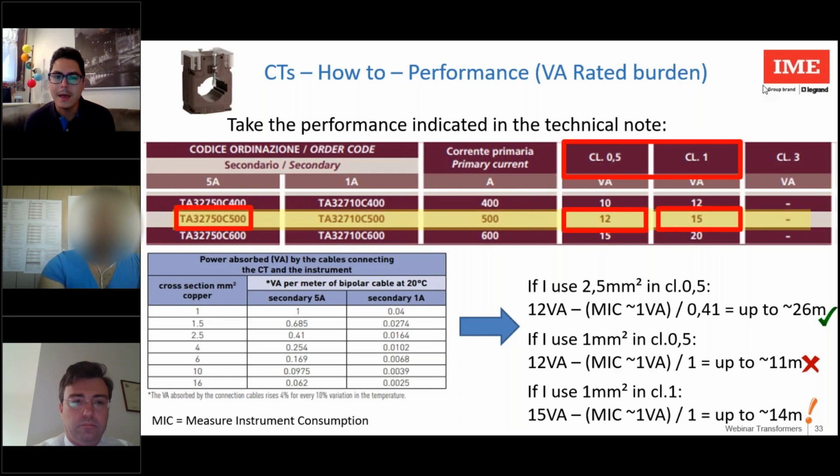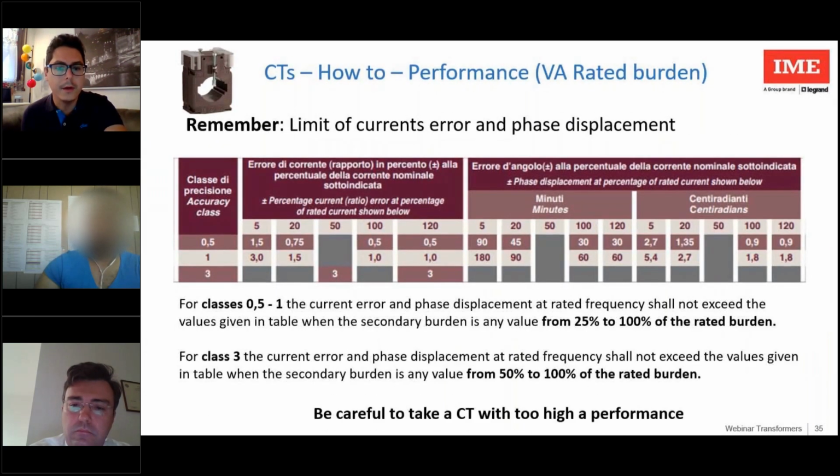Both. As we say, we have 4 steps to choose this. If I exceed the performance, I have a lot of error. If I go in low rated burden, as we said in the last table, if I go under 25% of the rated burden, I have a bad measurement.